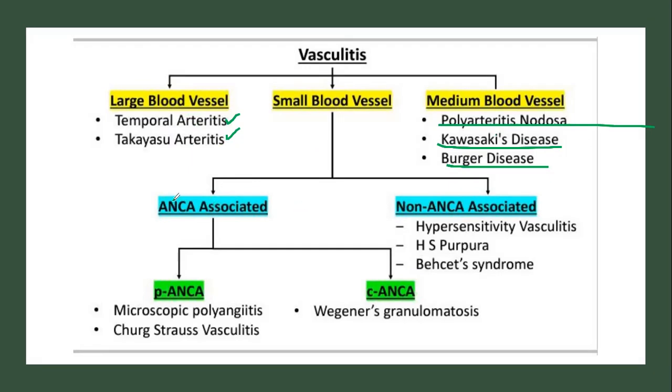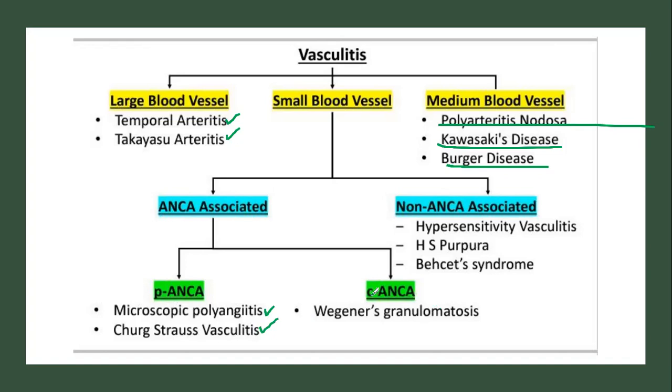They can be either ANCA associated or non-ANCA associated. ANCA is the anti-neutrophil cytoplasmic antibodies. And those antibodies are of two types, P ANCA and C ANCA. P meaning perinuclear, okay? Recently they are also known as MPO ANCA, anti-myeloperoxidase anti-neutrophil cytoplasmic antibodies, and they are found in microscopic polyangiitis and Churg-Strauss syndrome or vasculitis.